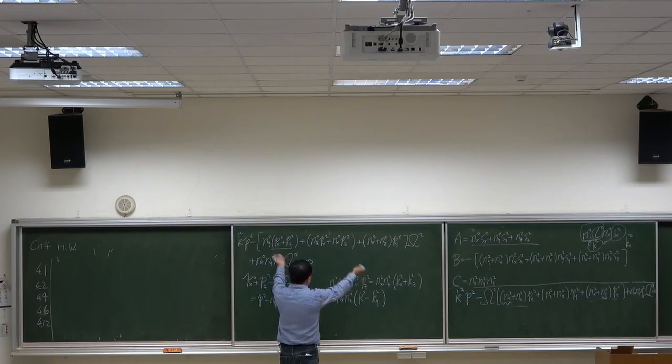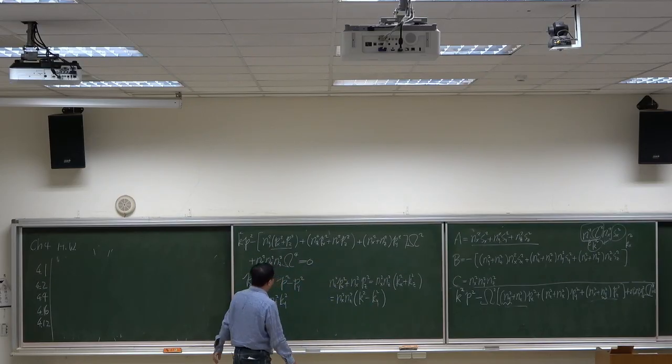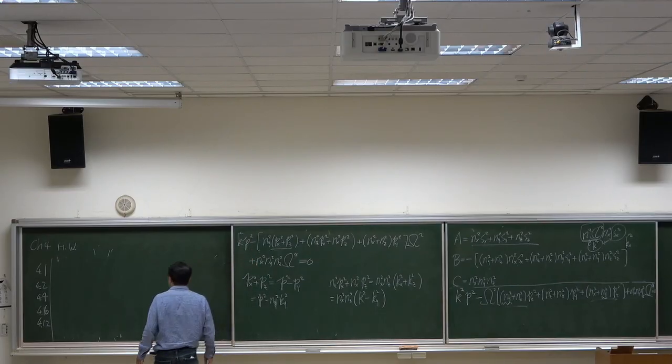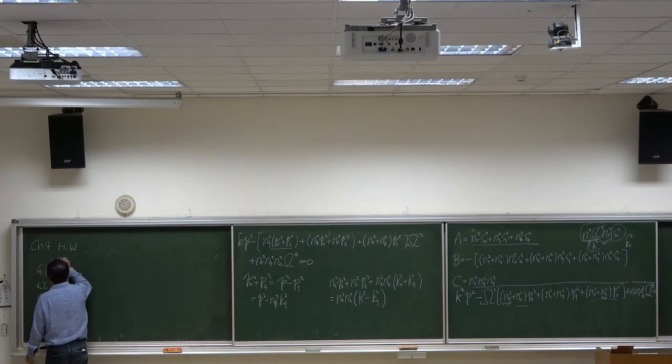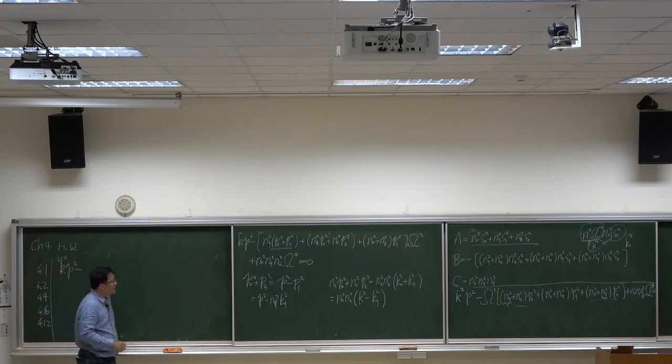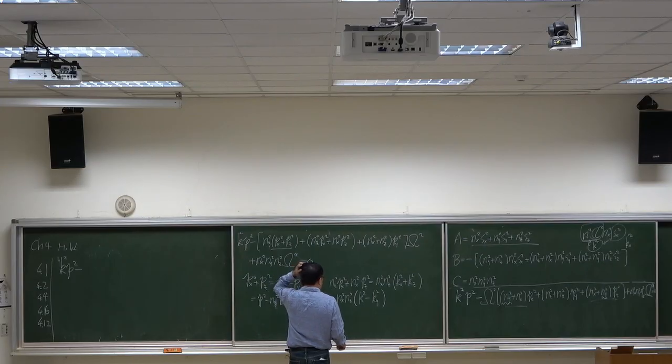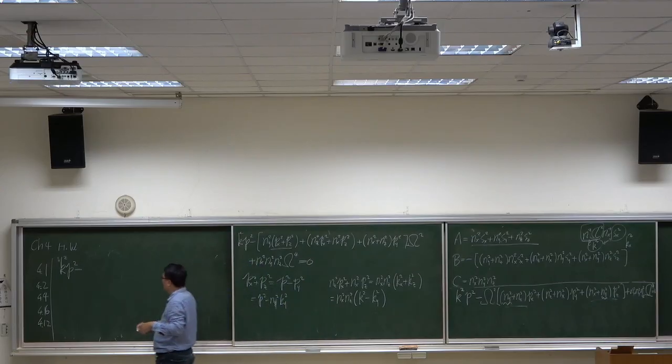So now I substitute this result into this expression. We have k squared p squared minus this.